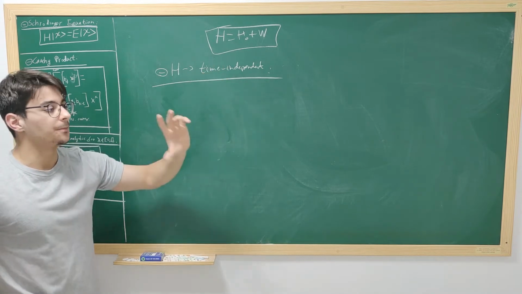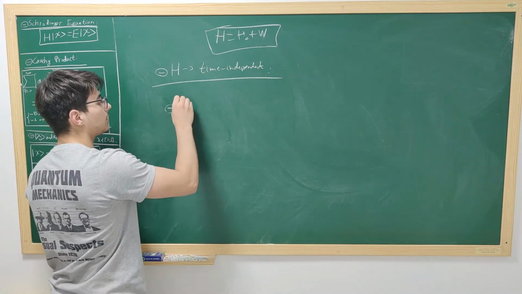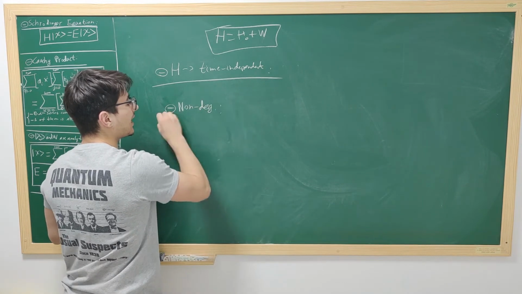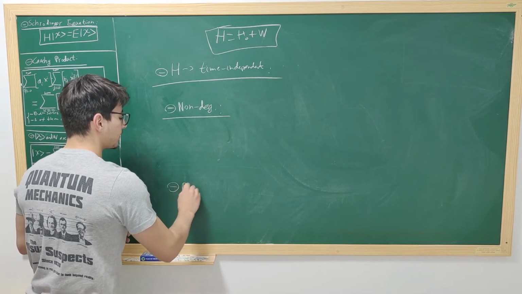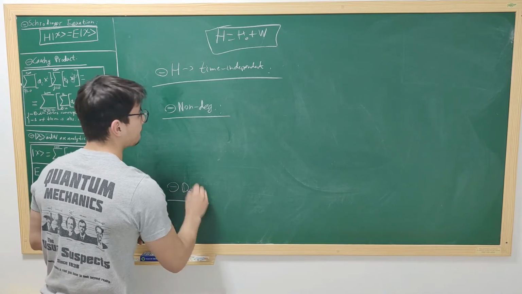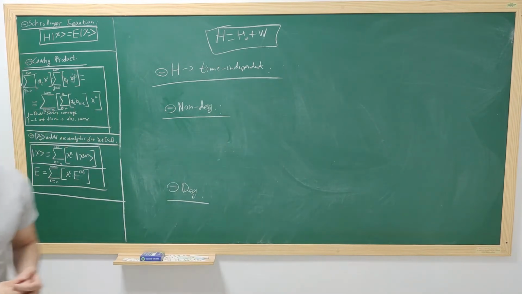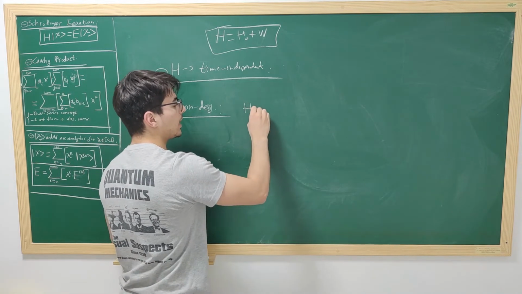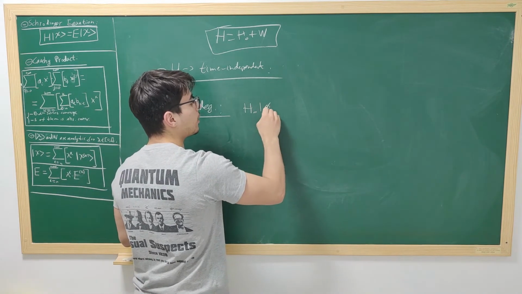The difference between non-degenerate and degenerate perturbation theory comes only relative to H0. That is, let's say that we have H0 and we have our eigenvalue problem.